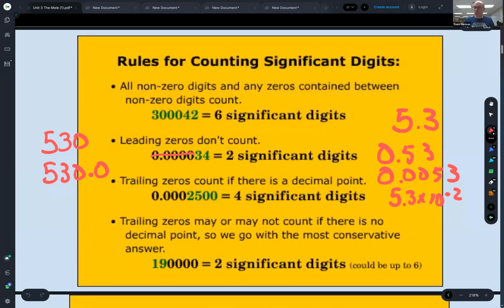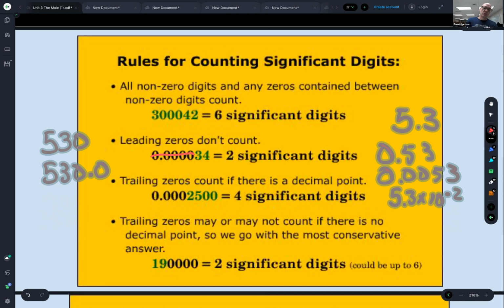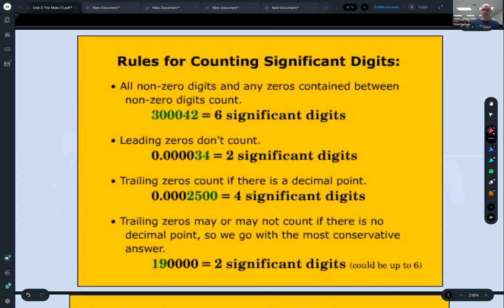Now, there are some rules that go along with significant figures as far as how we count them whenever you are presented with a value. There are 4 of these rules. The first rule says that all nonzero numbers are counted as significant. In other words, if you have a 1, 2, 3, 4, 5, 6, 7, 8, 9, those are real numbers.